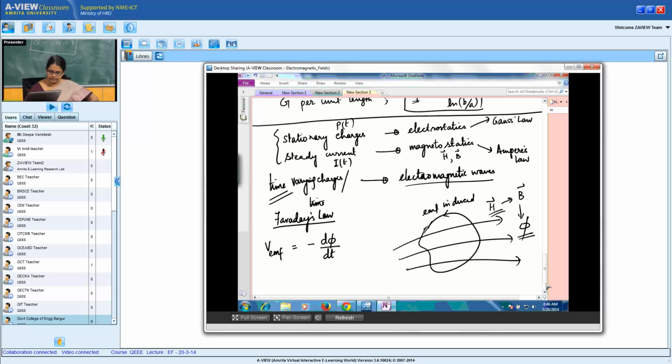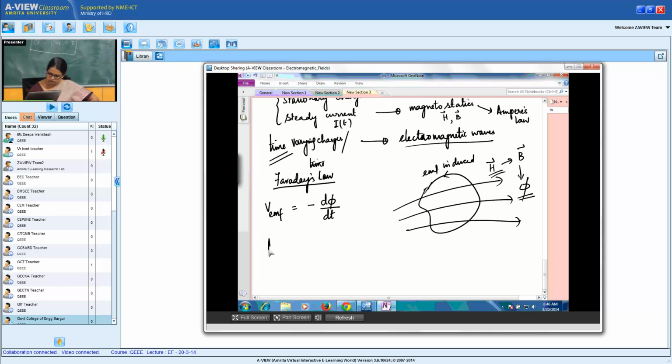So the idea is, when the magnetic flux changes with time, there is an EMF induced in the conductor placed in the changing flux.